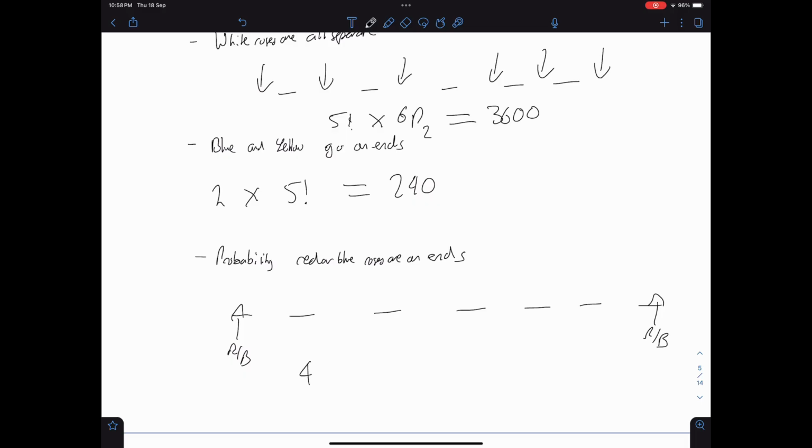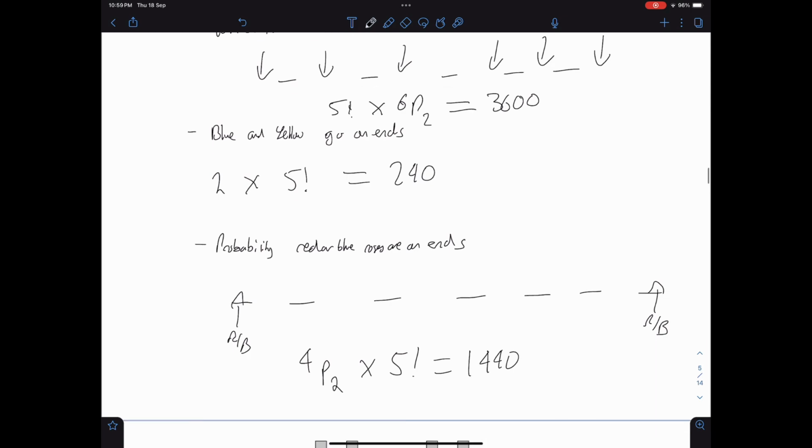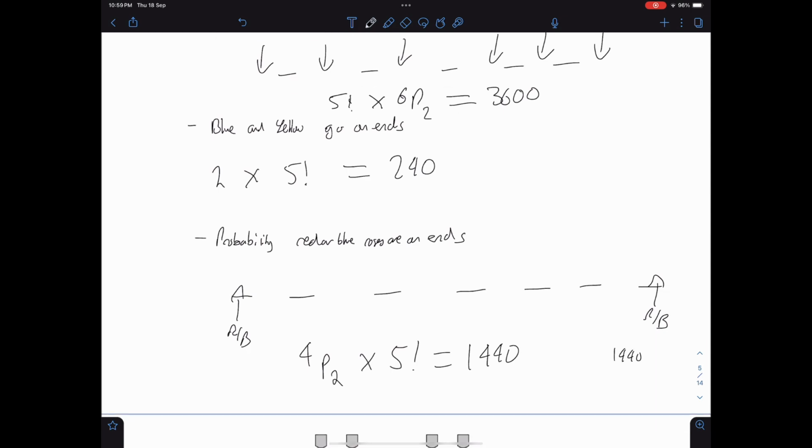So we just do 4P2 to arrange the start and end, and then we just multiply by 5 factorial to deal with the rest in the middle. So that gives us 1,440. And so then we do 1,440 divided by 7 factorial, and that gives us 2/7.